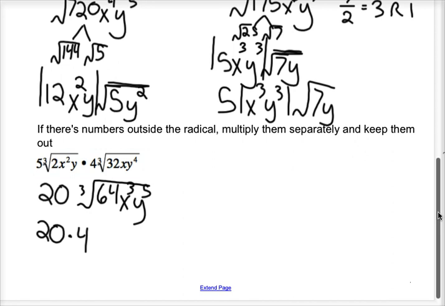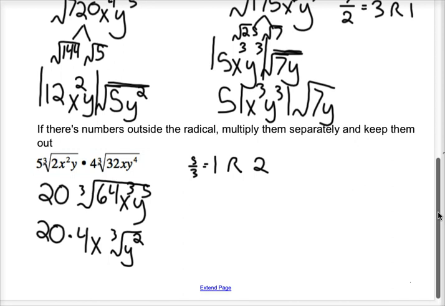Well, I divide my exponent by the index, so that just leaves me with an x to the 1 that fully comes out. And now 5 divided by 3. Well, 3 goes into 5 once, and then there's a remainder of 2. Still 2 left over to get up to the 5. So that means I still have a y squared that is stuck inside that radical.